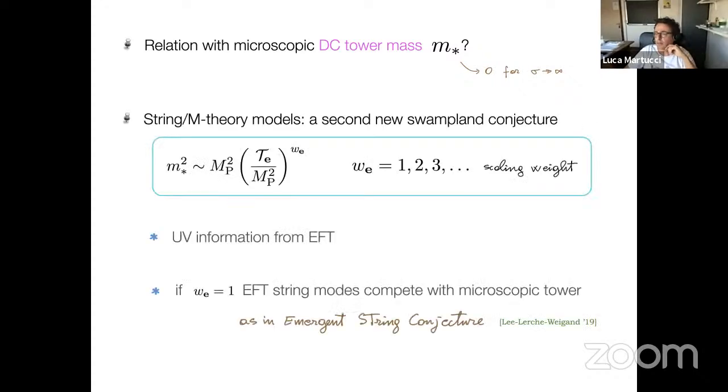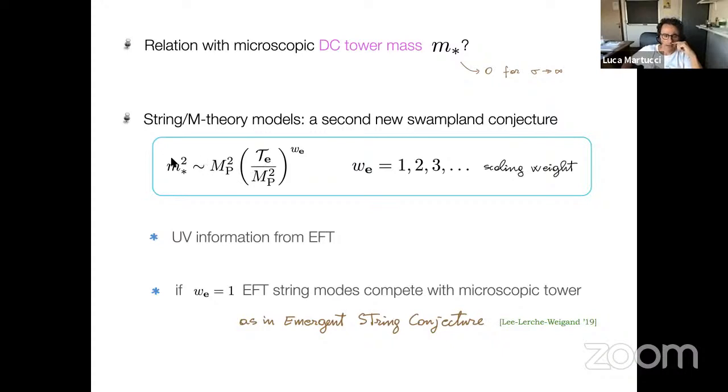On the other hand, by going through a lot of examples, we found a quite intriguing relation between such an M star and the tension of the string, which is the EFT string generating the flow to infinite distance.